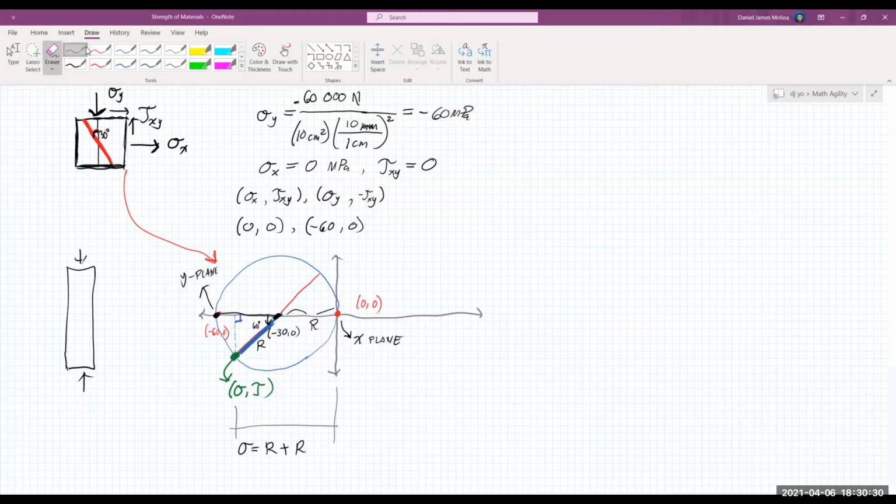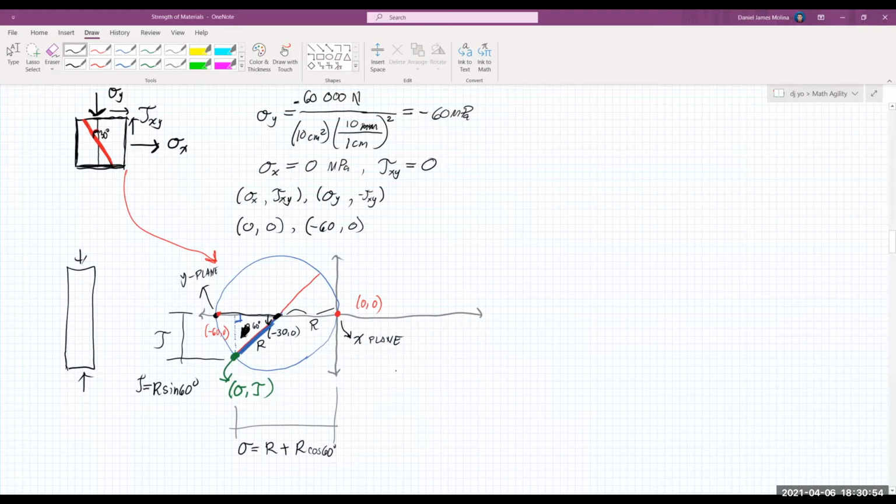So R plus R cosine of 60 degrees. And then for our shearing stress, we have this vertical distance here, which is actually R sine of 60 degrees based from the triangle here.